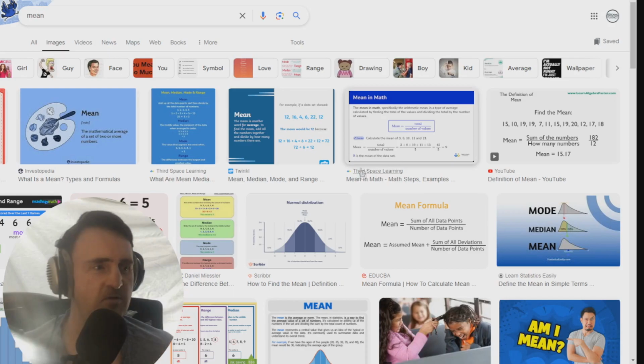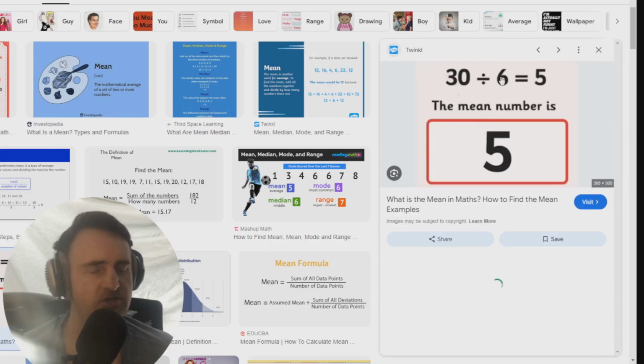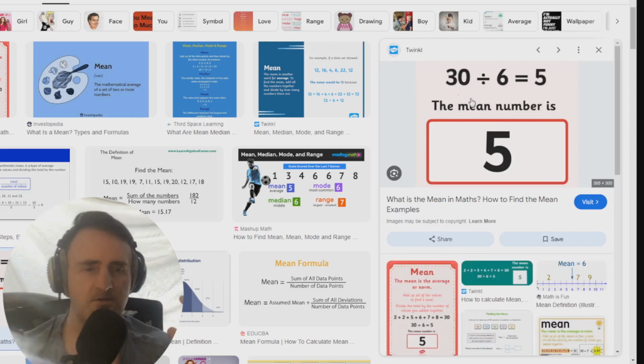But it can also, in maths, mean average. And obviously I've said the word about 5 times already to explain. So its meaning, mean is the definition almost.